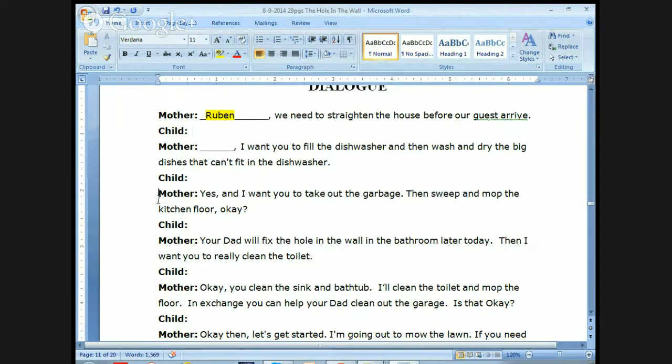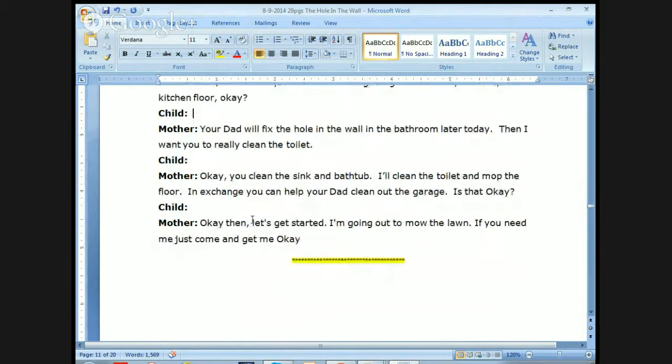Yes, and I want you to take out the garbage, then sweep and mop the kitchen floor, okay? Okay. Mom, I hate cleaning the toilet. Why can't Dad do that? I know he is really good at doing that. Your dad will fix the hole in the wall in the bathroom later today. Then I want you to really clean the toilet.